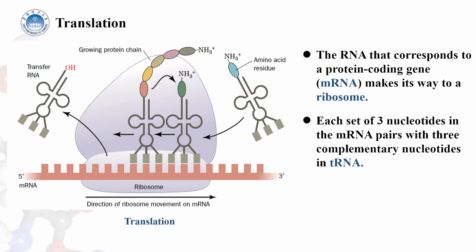At the ribosome, each set of three nucleotides in the mRNA pairs with three complementary nucleotides in a small RNA molecule called a transfer RNA or tRNA. Since the nucleotide sequence of the mRNA in turn reflects the sequence of nucleotides in the gene, DNA thus directs the synthesis of protein.